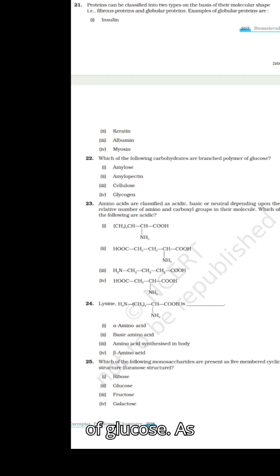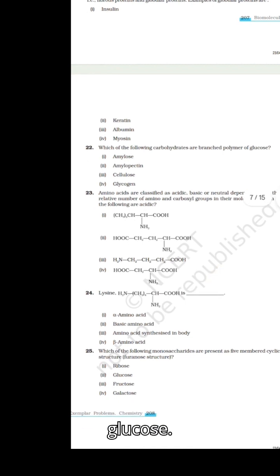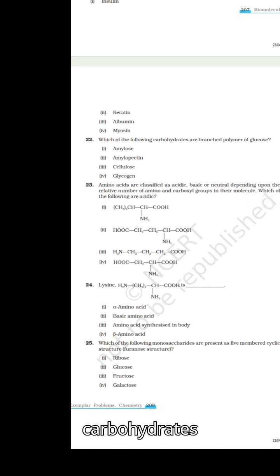As we explained in the first question, amylose or starch is a polymer of glucose. Amylopectin is also a polymer of glucose, cellulose is also a polymer of glucose, and glycogen is also a polymer of glucose. But your question is: which of the following carbohydrates are branched polymers of glucose? Which molecules have branches?